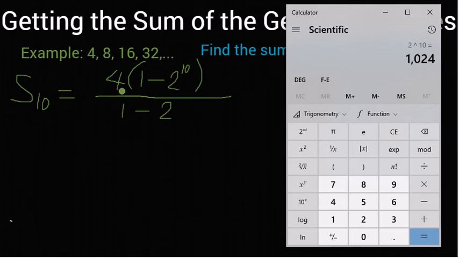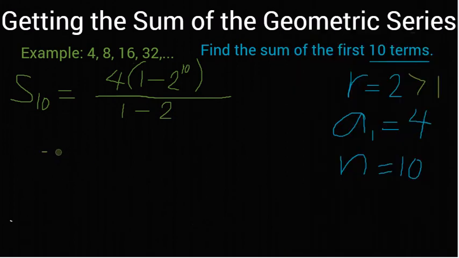And 1024 times 4 is 4096. Let's not multiply it yet, so we will just write it down first. Again, 2 raised to the power of 10 is 1024.